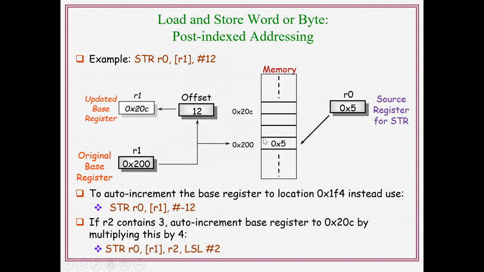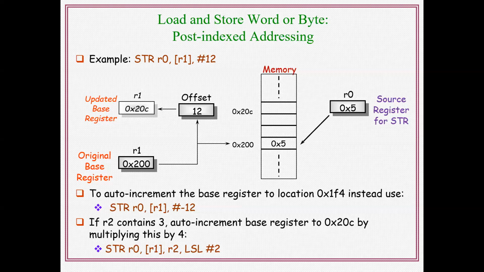So whatever value is available at this memory location, here 05 is available, that is copied into the R0 register. So here the direction changes. After execution of this instruction, the content of R1 is updated by 12. So this is called post-index addressing.